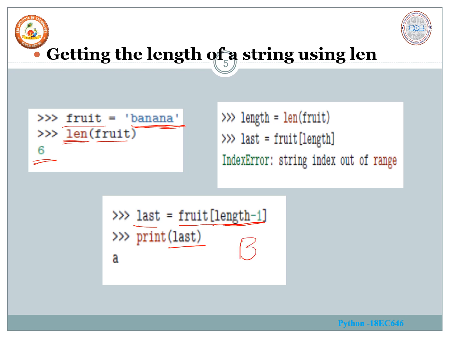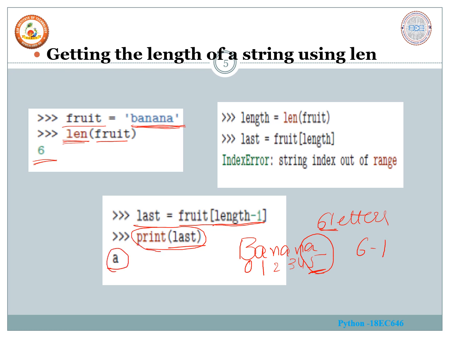In the string banana there are 6 letters, and we are indexing with 0, 1, 2, 3, 4, 5. So the last index is the length minus 1. So 6 minus 1 gives you the last character of the string. When you print that variable, the last character of the string will be displayed.